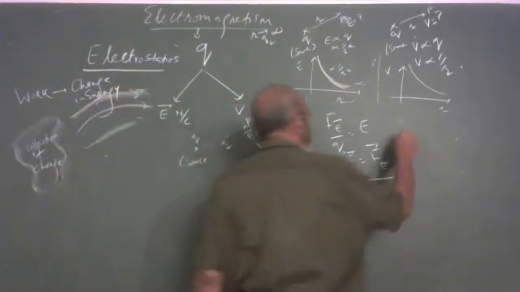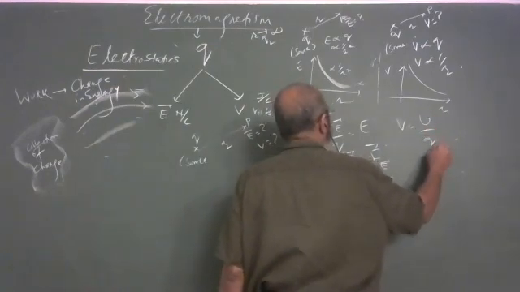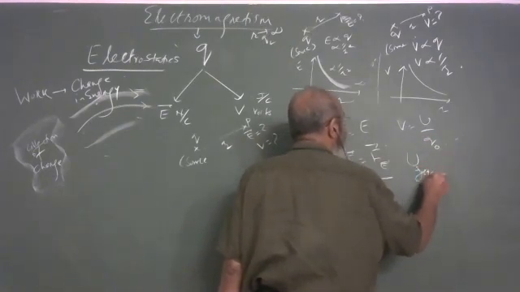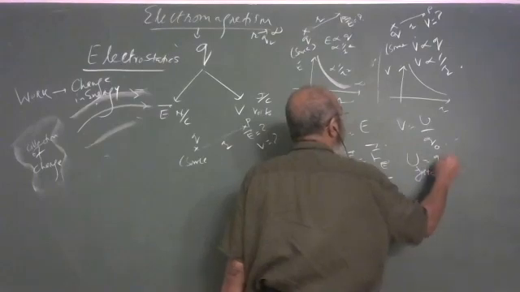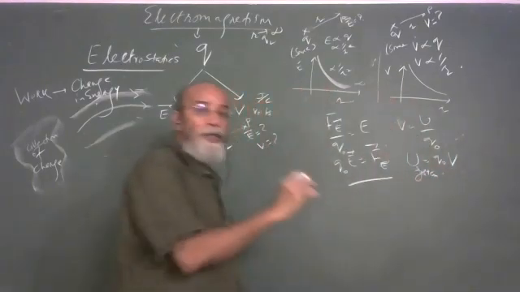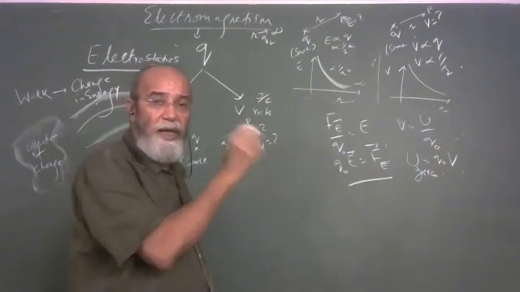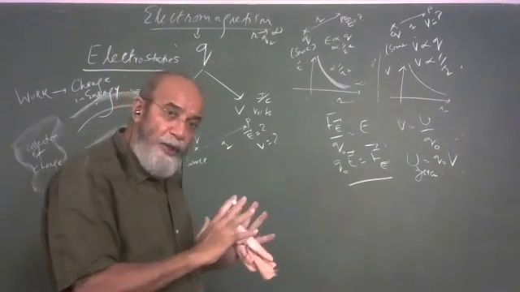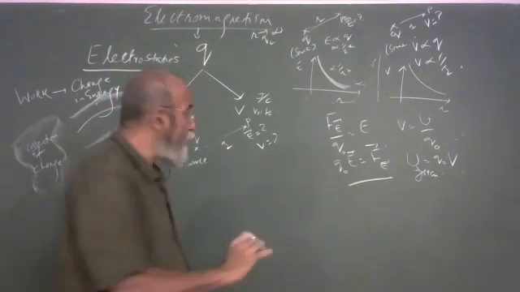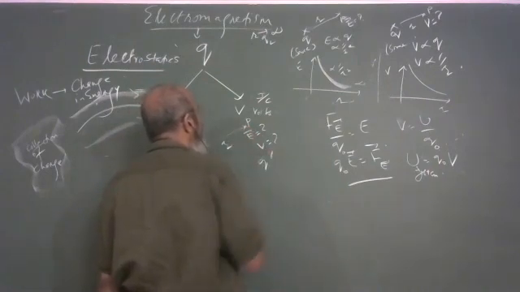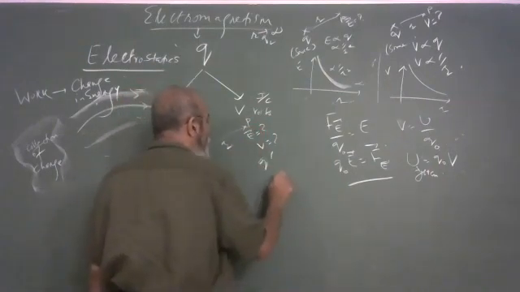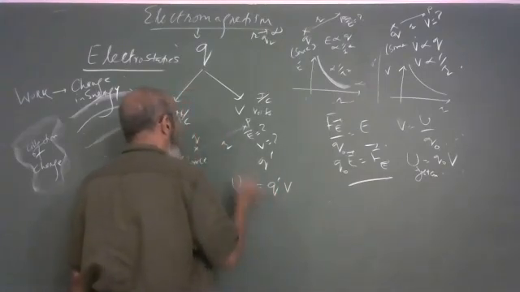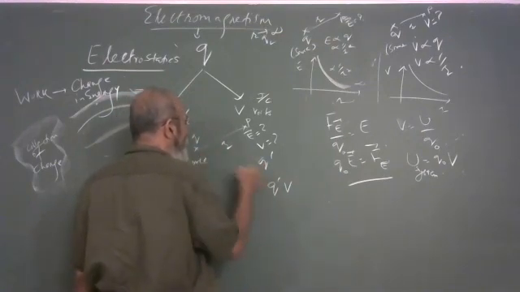Similarly, from the definition of potential, U of the system, not of the charge, will be Q dash into the voltage. So if somebody says 10 volts, times the charge there, that will be the electric potential energy of the system. Which is the system? I put a charge Q dash here. So Q dash into V created a U of the system. What is the system? This plus this. These two form a system.